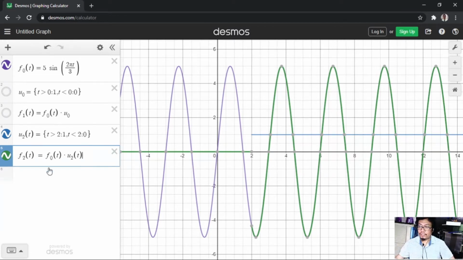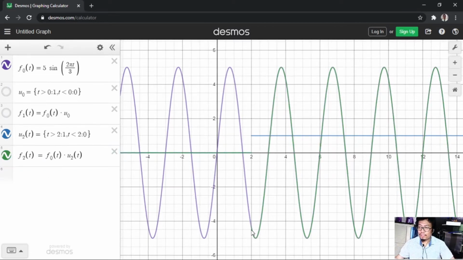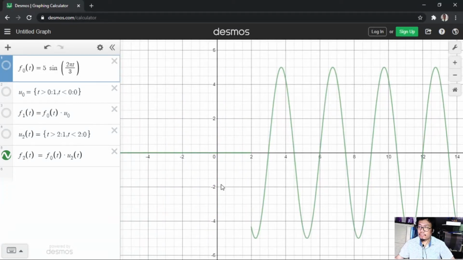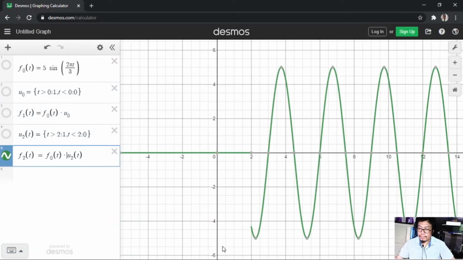Here you can see the contrast: my signal starts at t equals 2 seconds. My signal starts at this point, and this is basically multiplying your base signal 5 sine of 2 pi t over 3 by u of t minus 2 in our notation.